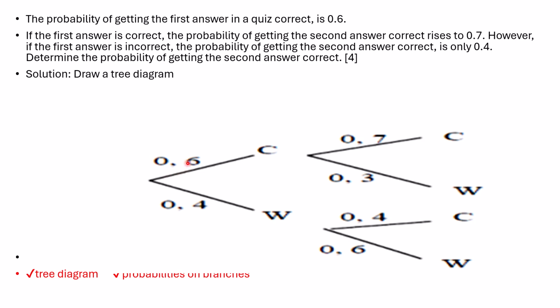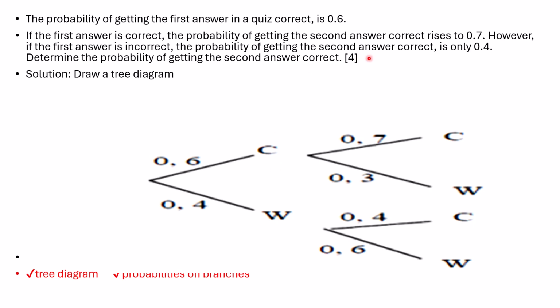So I have a 0.6 chance out of 1 to get it correct. Therefore, 0.4 of that 1 chance I will get it wrong. I hope I make sense with what I'm saying to you. So it's either correct or wrong.